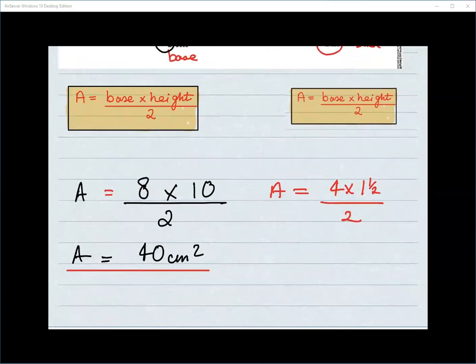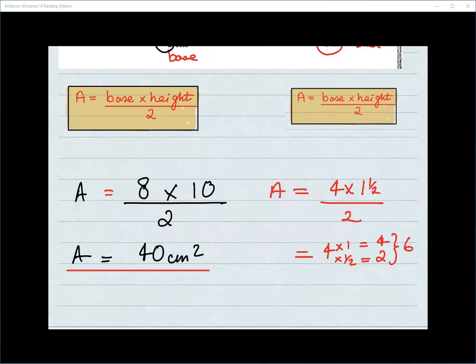Yeah. Okay, what's 4 times by 1.5? 4 times by 1.5 is 4.5. No. 4 times by 1 is 4. And 4 times by a half is 2. And together they make 6.